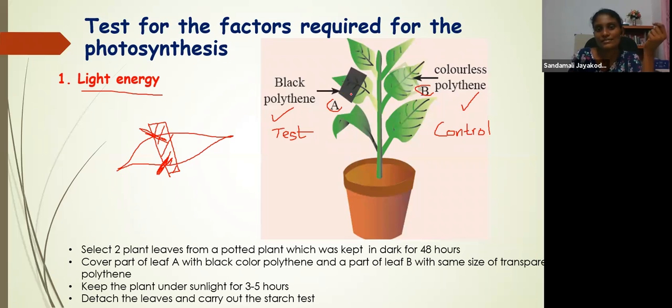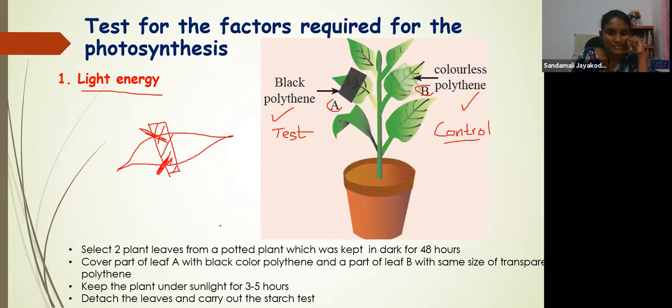So here leaf A doesn't get sunlight due to the presence of this black polythene, but with colorless polythene it gets sunlight, and they are also taking water in the same way, and they had chlorophyll at the beginning in the same way because they are two similar leaves, and also they are having the same nutrition and all the same things. That's why we take the control like this.